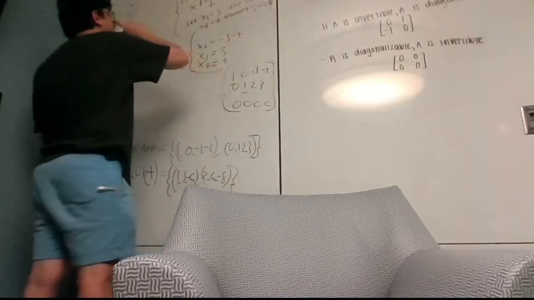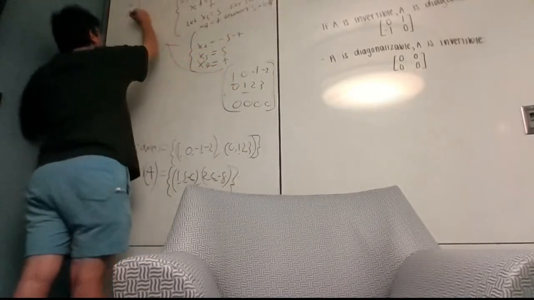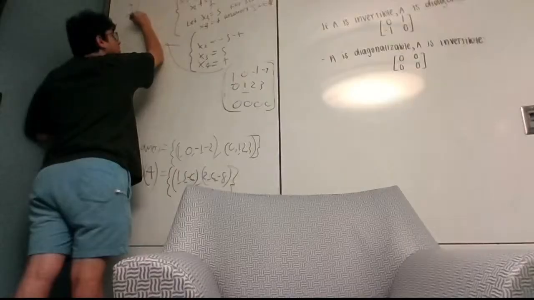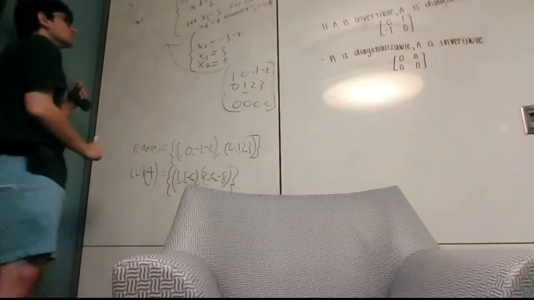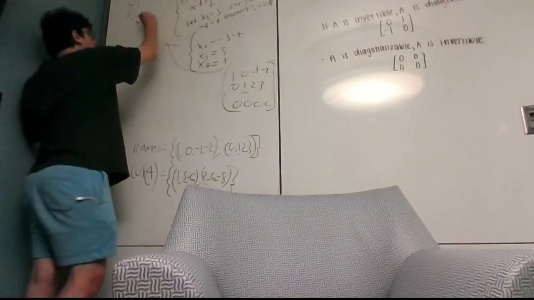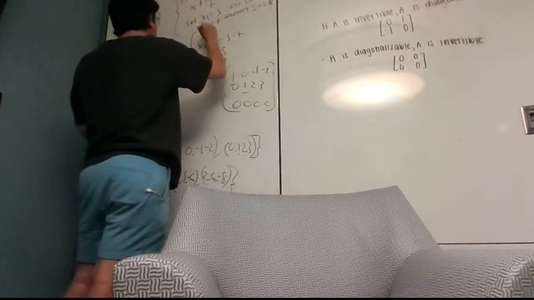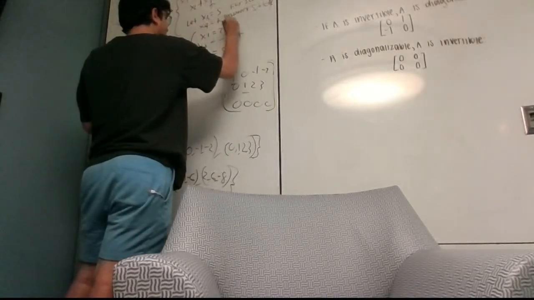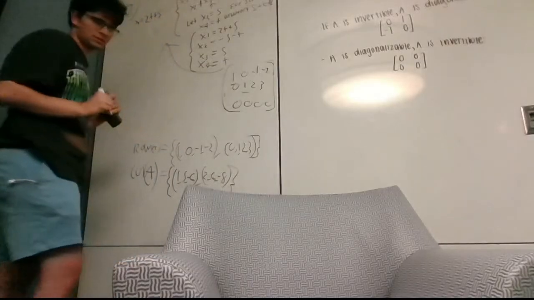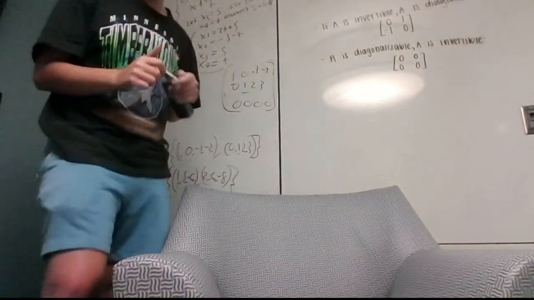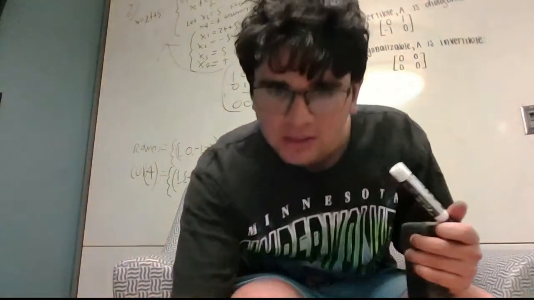And now x1, we can just solve the same way. x1 equals 2t plus s. So that's our basic solutions.